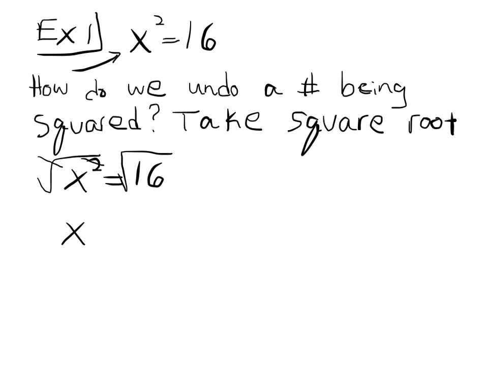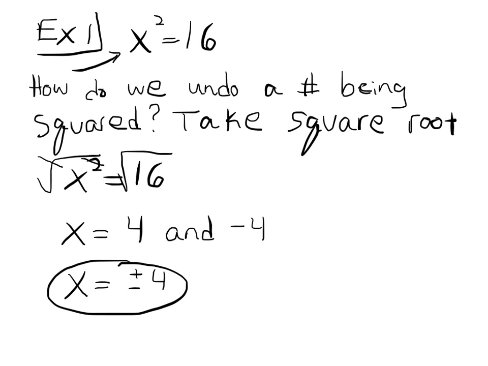Then the answer would be x is equal to, well, we have two answers: 4 and negative 4. Both of those, when you multiply them by itself, will give you 16. So the way that we show this answer is simply x is equal to plus or minus 4. That's your answer to example 1.